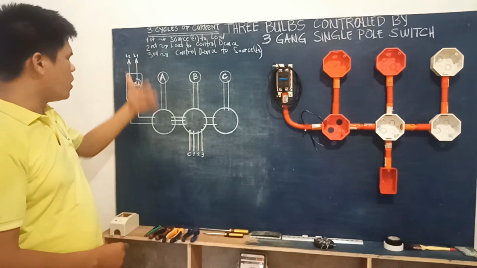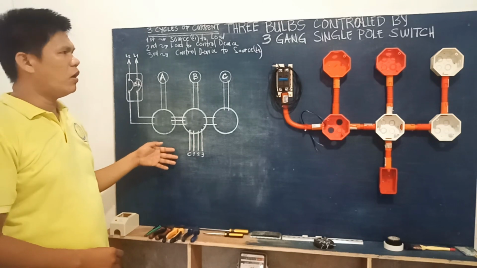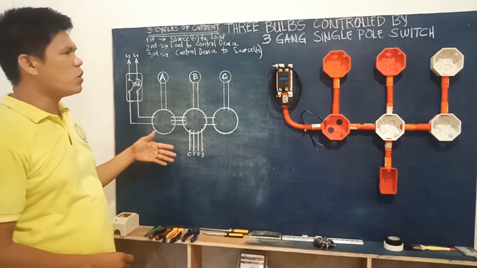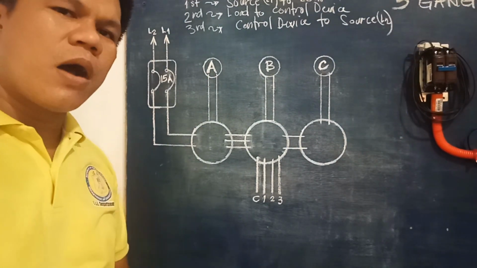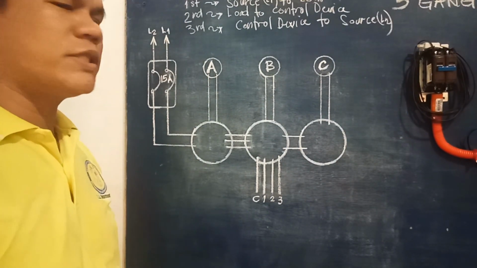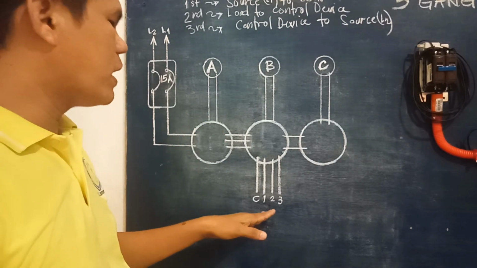So how are we going to come up with the schematic diagram of the 3 bulbs controlled by 3-gang single pole switch?